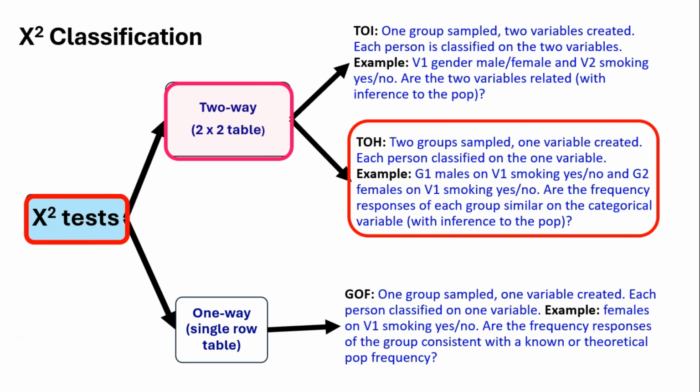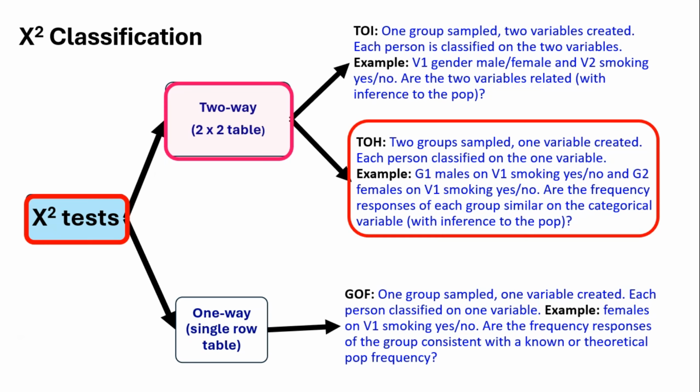Then you had also purposely sampled from a population of females only. And then each female in that sample from the female only population answered the question, do you smoke or not?